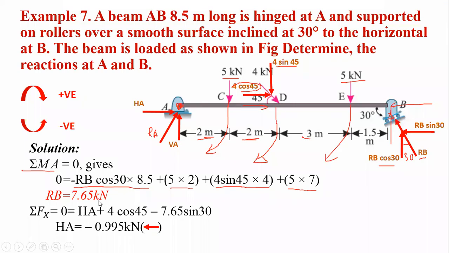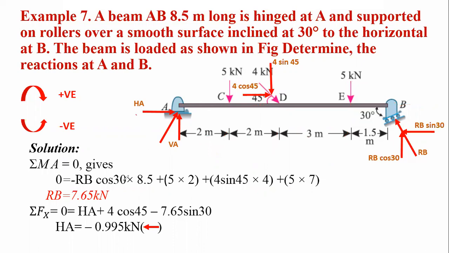Once we have this reaction RB, now let us find HA and VA. To find this, let us take summation of all horizontal forces, that is summation Fx is equal to 0. Here HA is going to the right side, that's why we are taking it as positive. This 4 cos 45 is going right side, so positive. And this RB sin 30, with RB value 7.65, is going to the left side, so it is taken as negative.